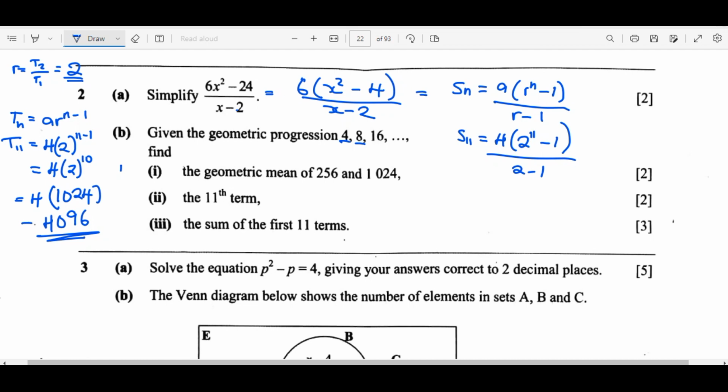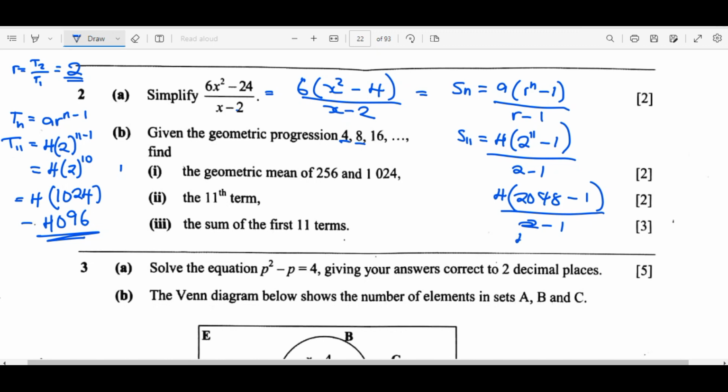So we would say 4, and then that will give us 2048 minus 1, you close, then over 2 minus 1. So here when we subtract, you're going to have a 1.